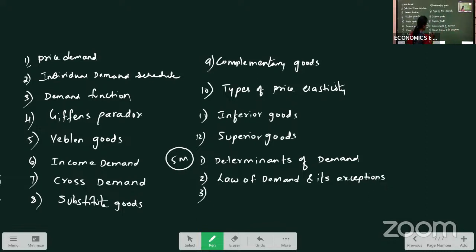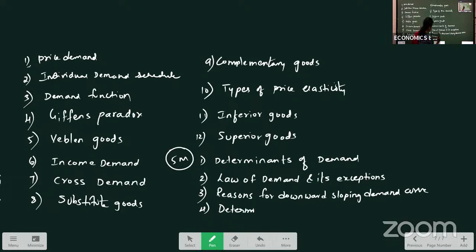Then next one, reasons for downward sloping demand curve and determinants of price elasticity of demand. So these questions you have to prepare from this chapter.